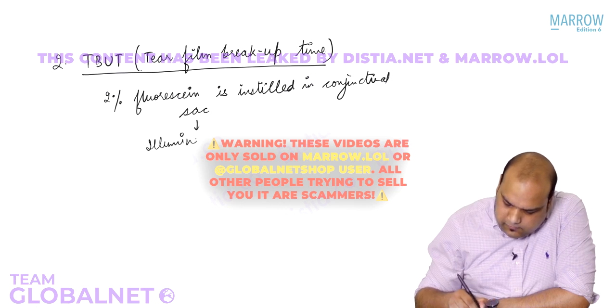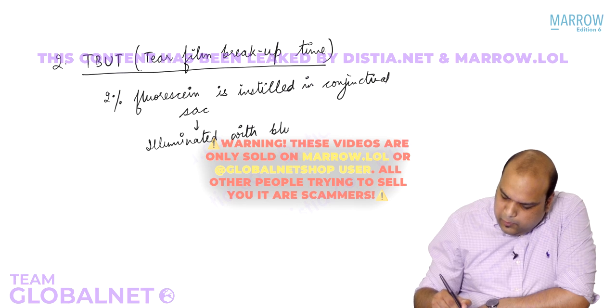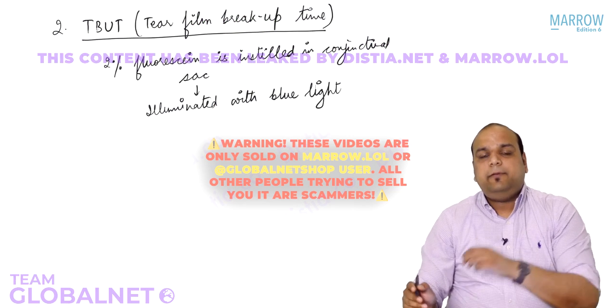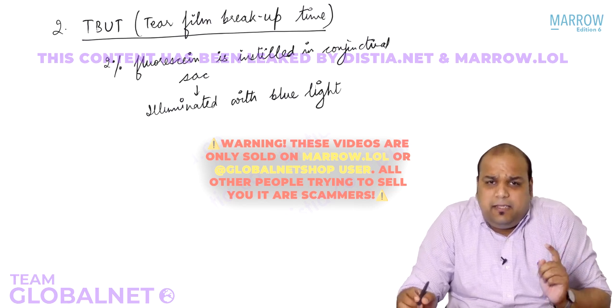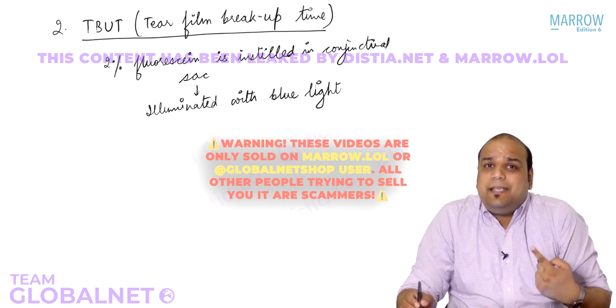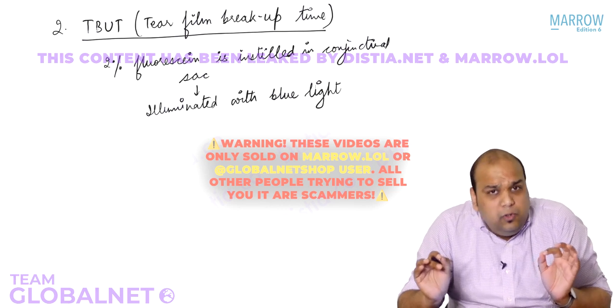Illuminated with blue light. I hope everywhere that we have mentioned fluorescein dye, we have always mentioned blue light, everybody. Whether it was in cornea, staining for corneal ulcer, or whether it was in Goldmann's applanation tonometry, okay? Everywhere we have to illuminate with blue light.